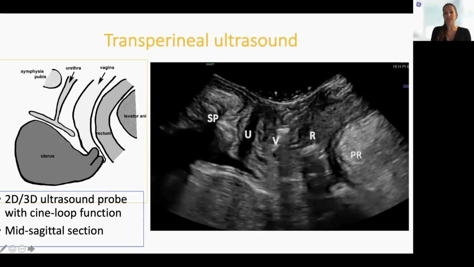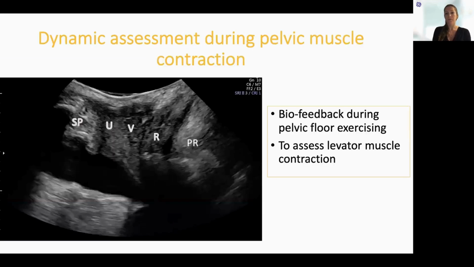What can we assess in this image? We can assess the distance between the symphysis pubis and the puborectal muscle, which is the minimum hiatal dimension, if we are correctly in the sagittal view. We can also use dynamic assessment.